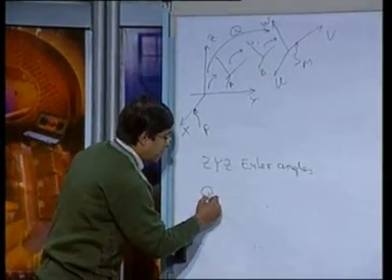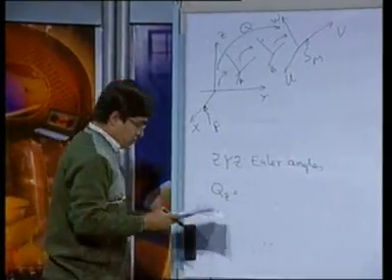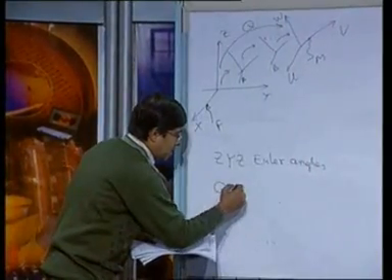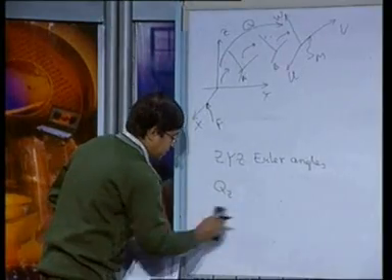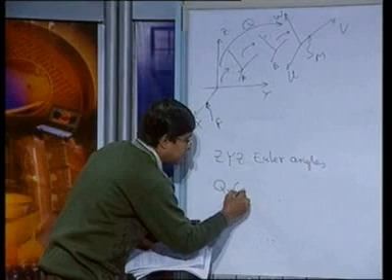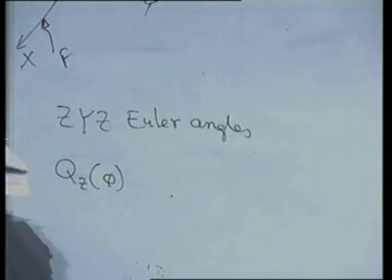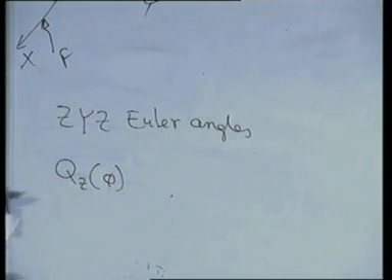So, now first I am rotating about the z axis, and let us say the rotation has been done by an amount phi. So, I have rotated from my initial configuration by an angle phi.